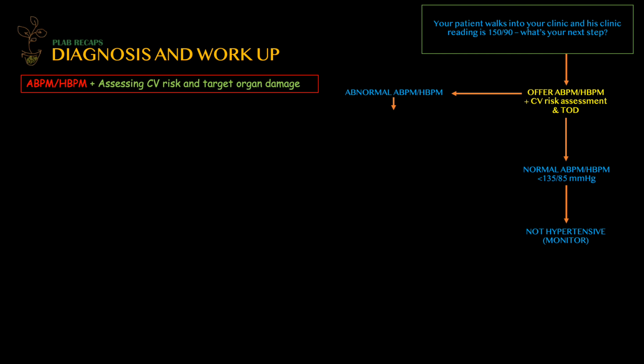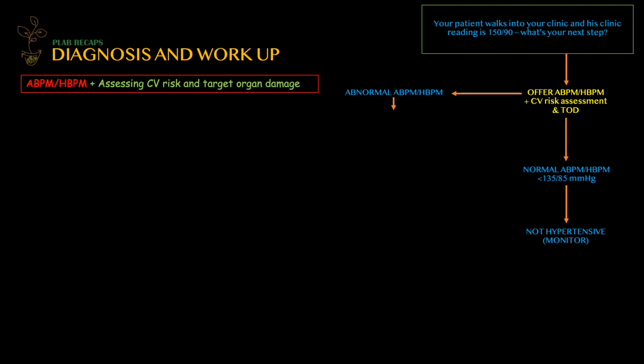Now imagine if the results from the ambulatory or home blood pressure monitoring came back as abnormal. The next step would really depend on how we classify the patient depending on his blood pressures.